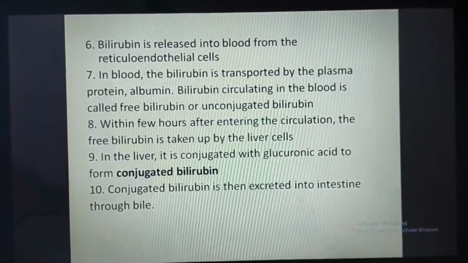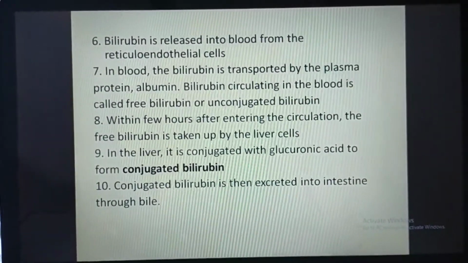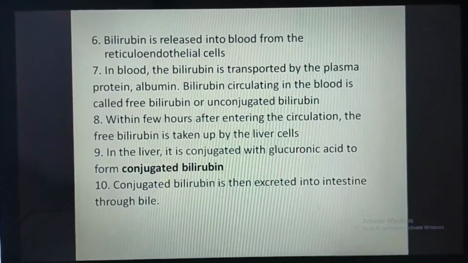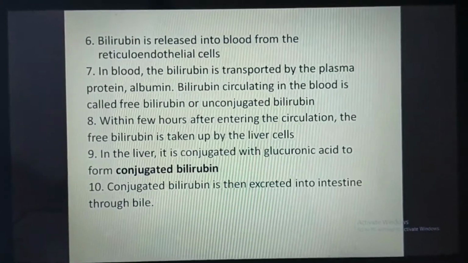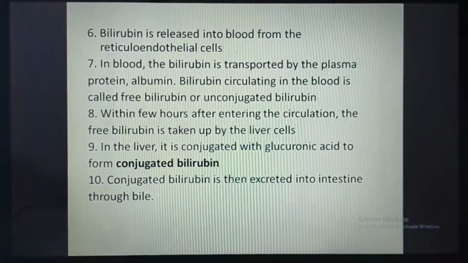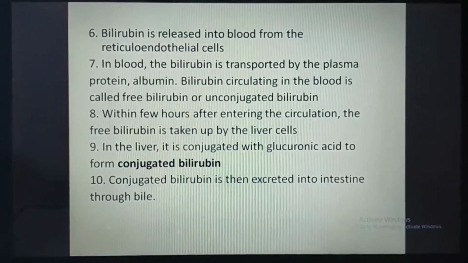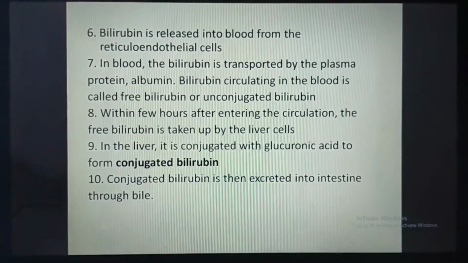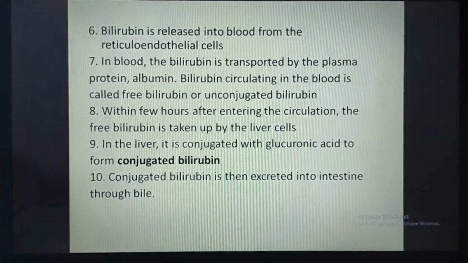Bilirubin is released into blood from the reticuloendothelial cells. In blood, the bilirubin is transported by the plasma protein albumin. Bilirubin circulating in the blood is called free bilirubin or unconjugated bilirubin. Within few hours after entering the circulation, the free bilirubin is taken up by the liver cells.